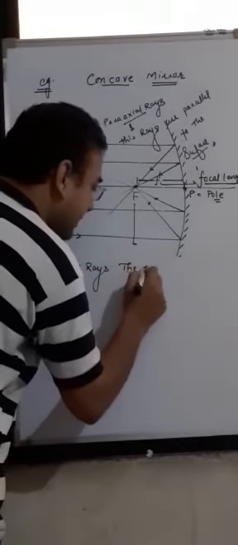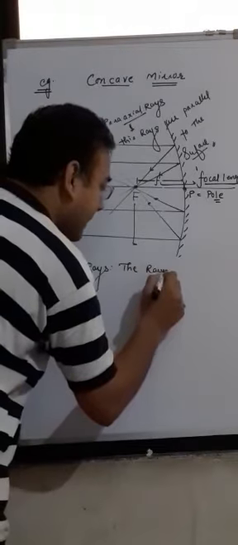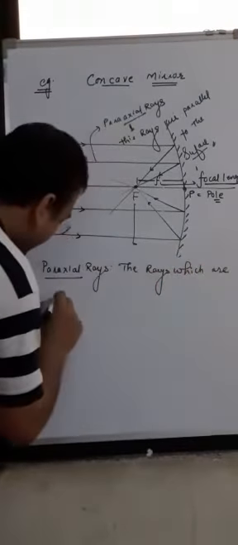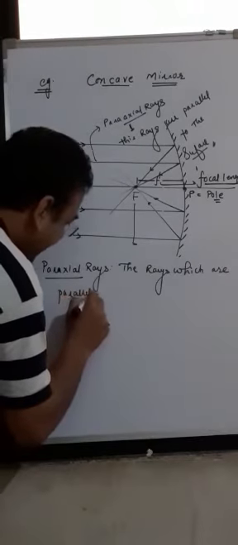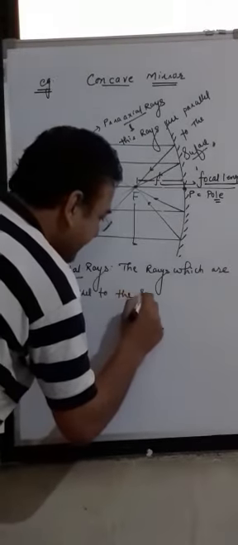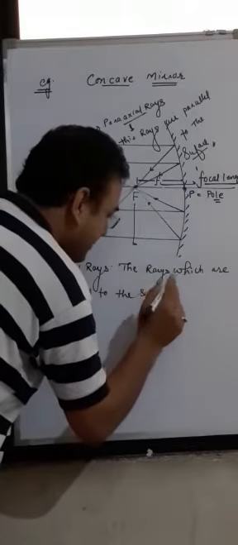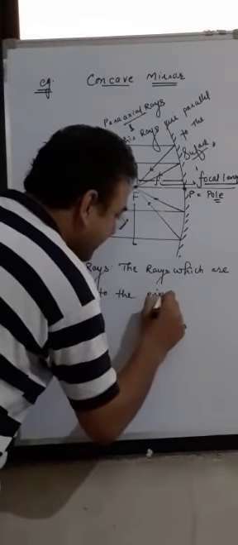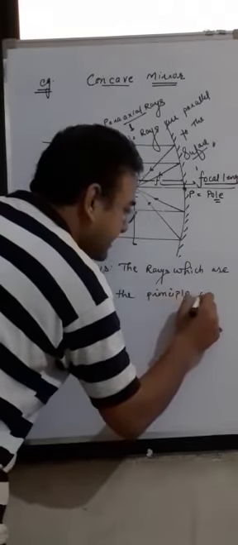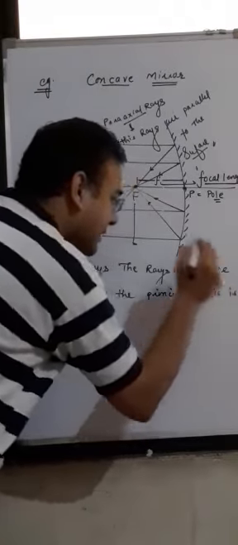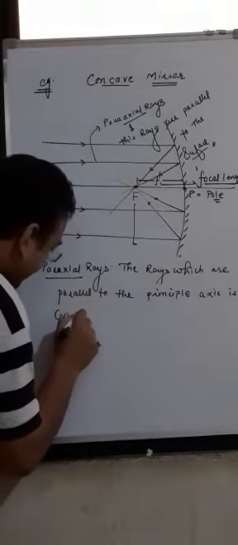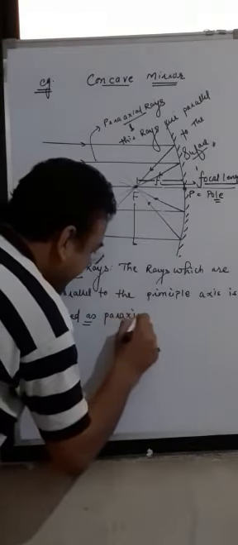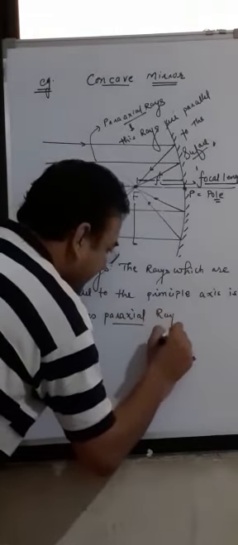The rays which are parallel to the principal axis are called para-axial rays.